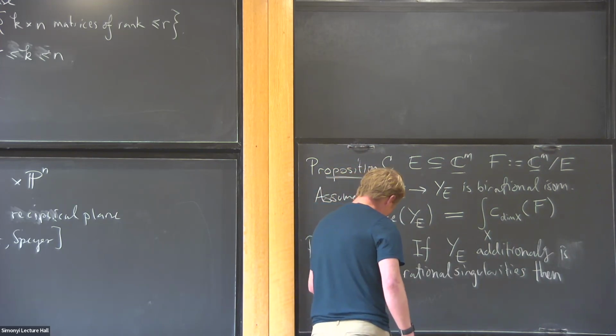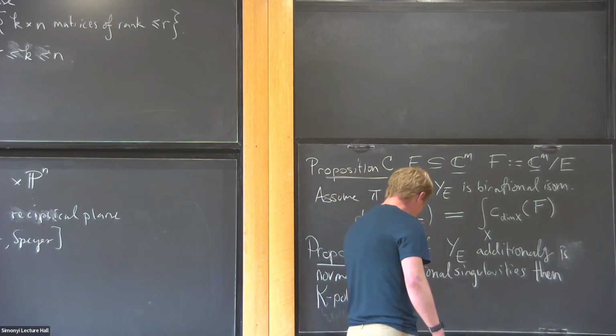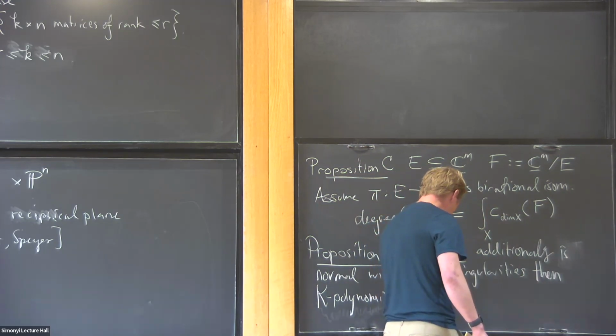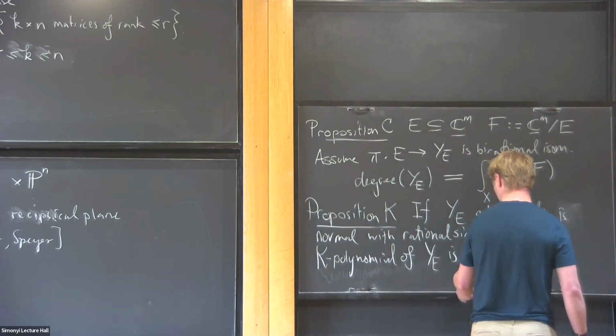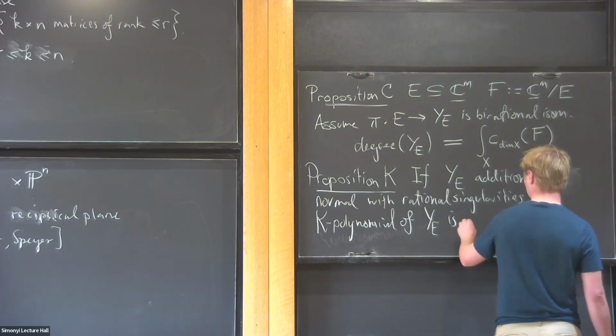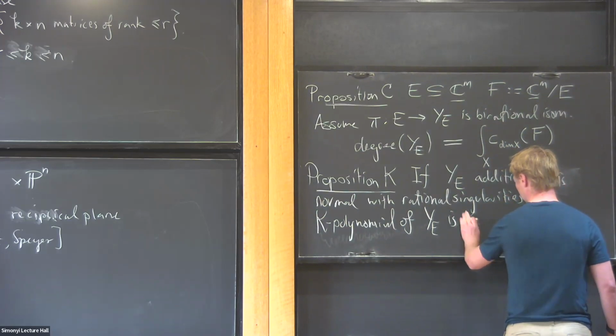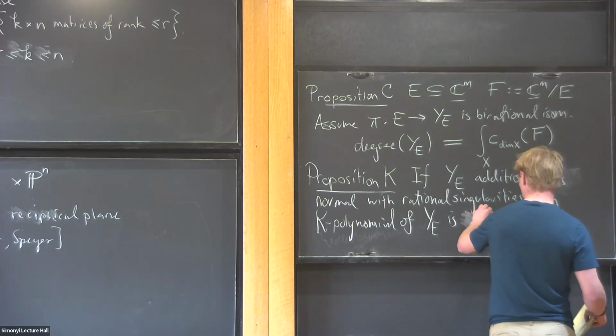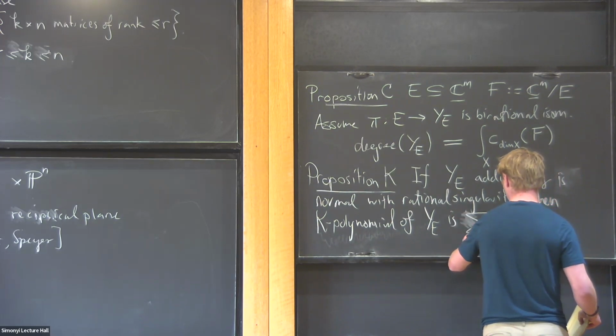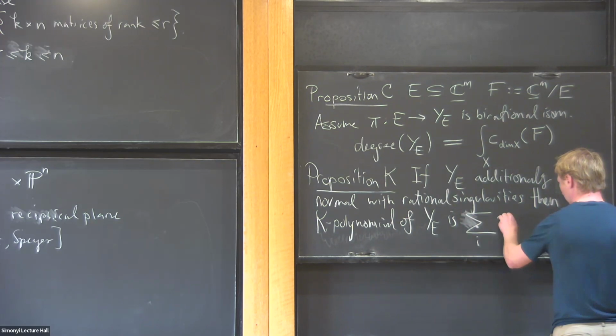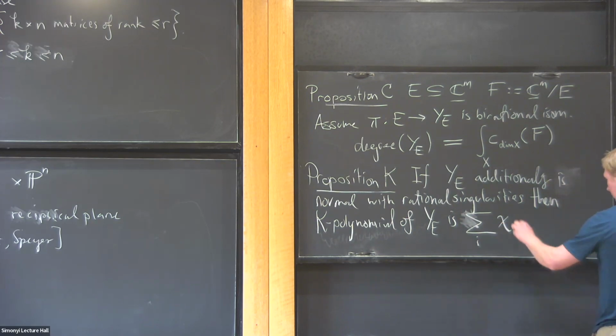It is given by the following formula: sum over I, you're going to take an Euler characteristic of an exterior power of the dual of F, and it's a generating function for those things.